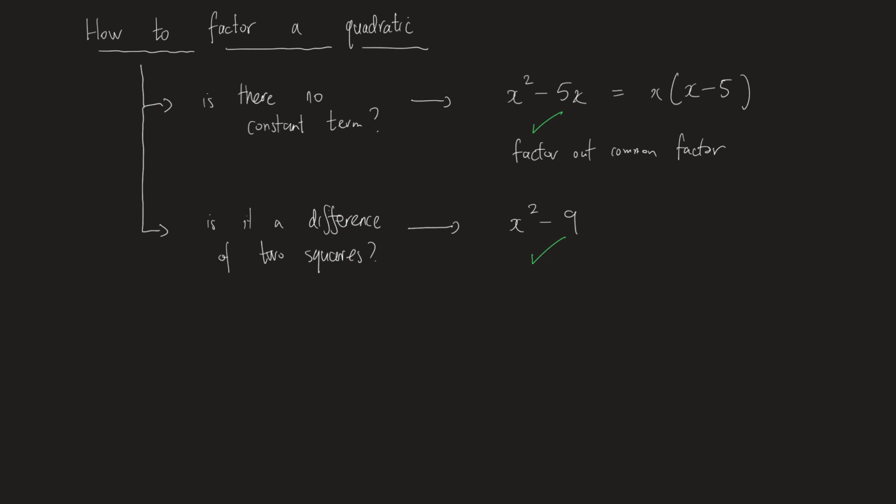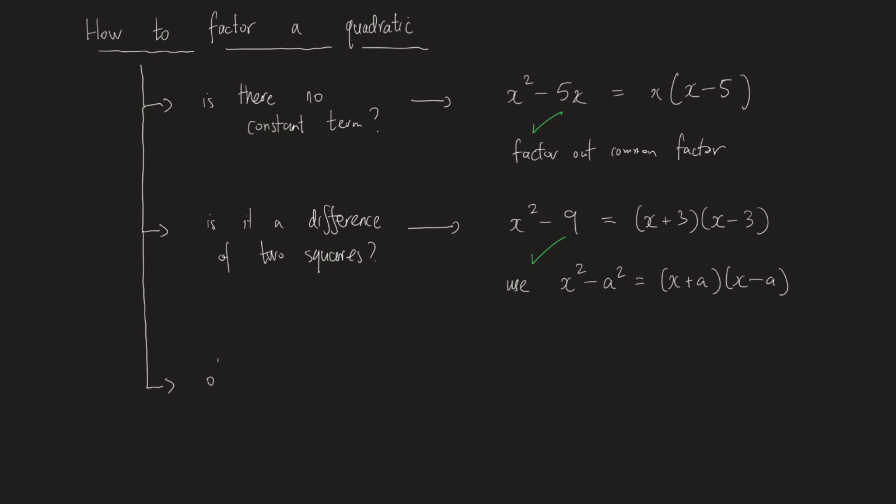So in this case, we can just use the formula x squared minus a squared is x plus a times x minus a. So for this example, I can write x squared minus 9 as x plus 3 times x minus 3 with very little thought involved. Okay, what if we're not in either of those two special cases?